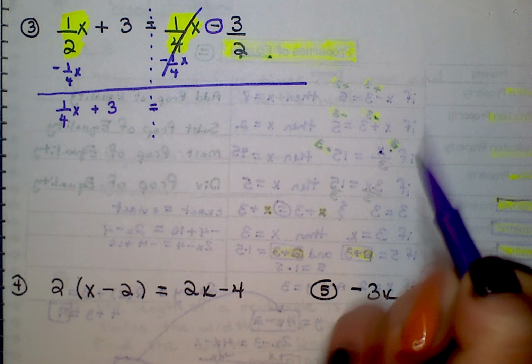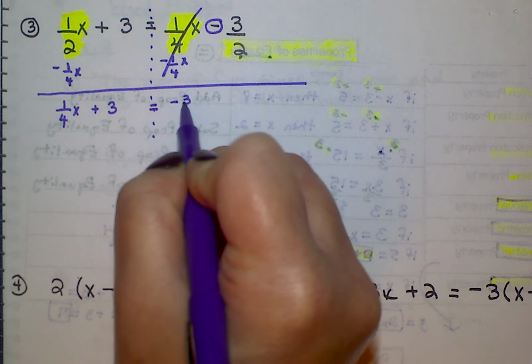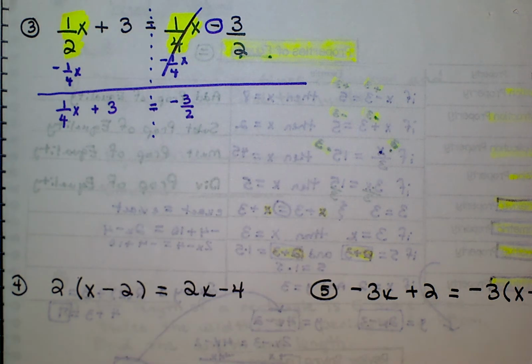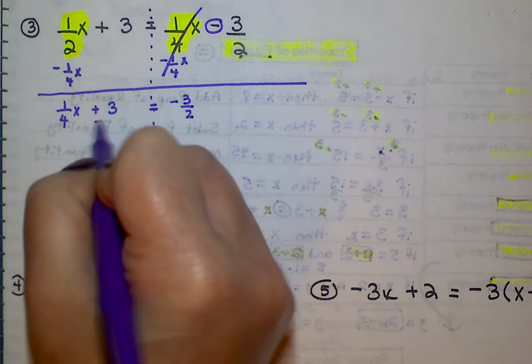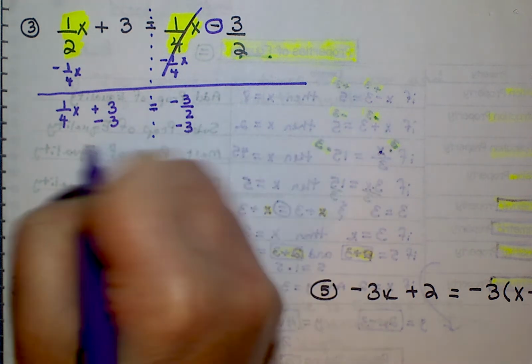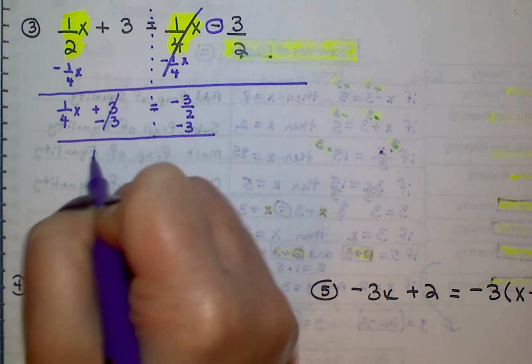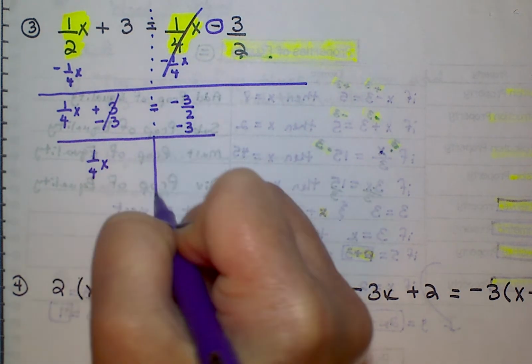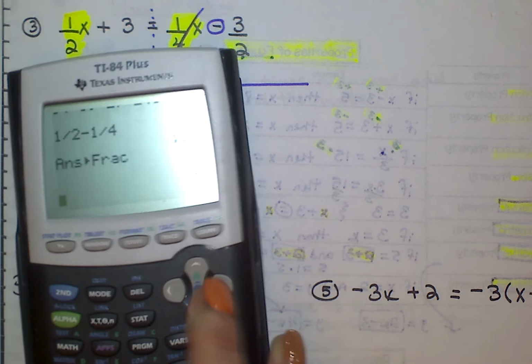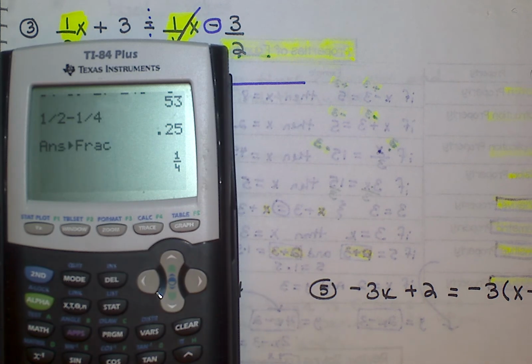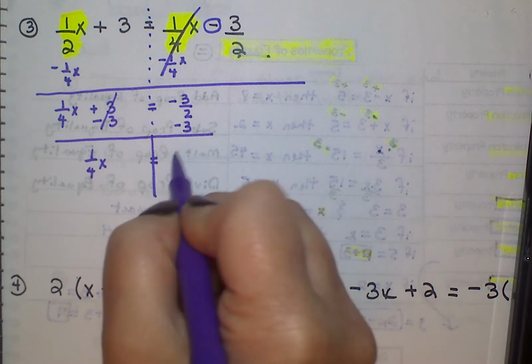Don't forget to bring down the -3/2. Now I'm going to subtract the 3. So I'm going to type in -3/2 minus 3. Math, enter, -9/2.